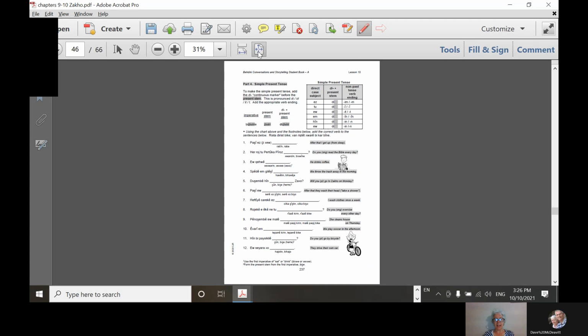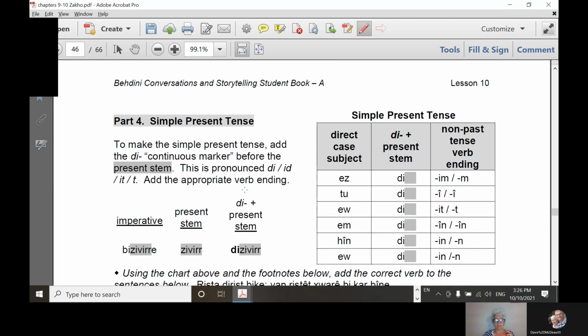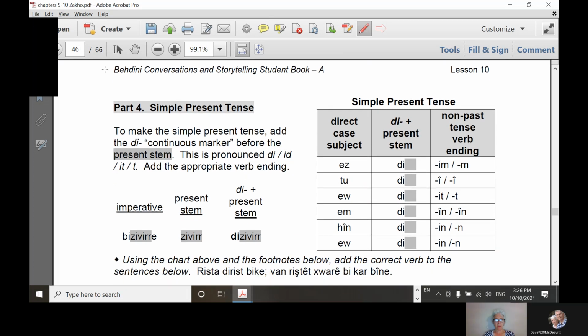Now let's study simple present tense in depth. Look at page 237. Again, I'm looking at the Zaho dialect. To make this simple present tense, you have to add the DI continuous marker before the present stem.